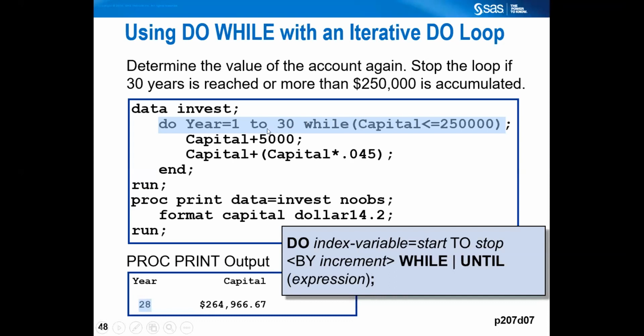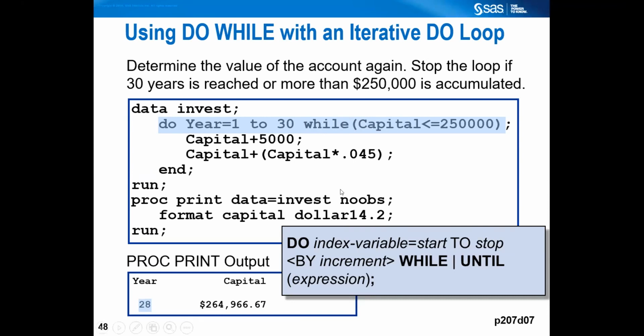Whichever comes first or is true, it will stop the loop. So you can have your iterative do loop and your condition written together. So it's stopping where the capital is exceeding 250,000. At the year 28, it's reaching this capital, which is greater than 250,000.